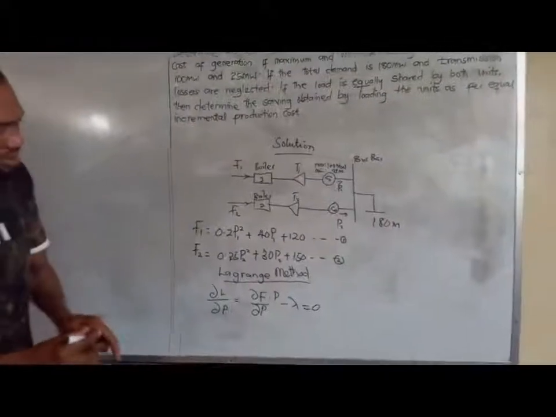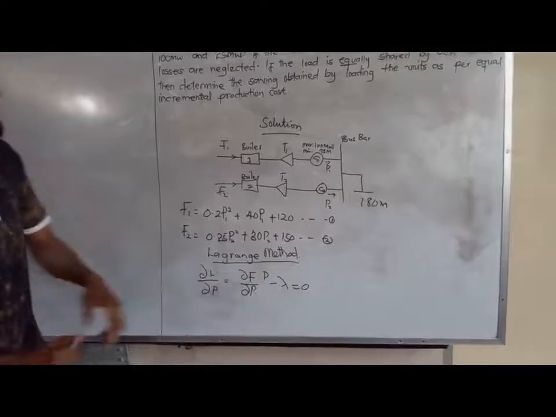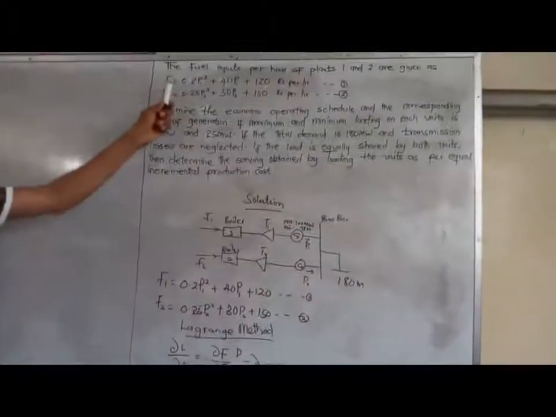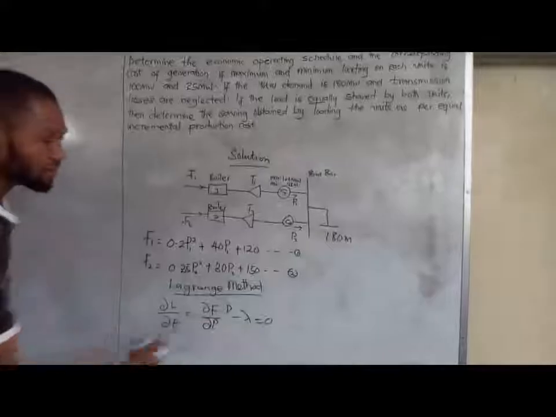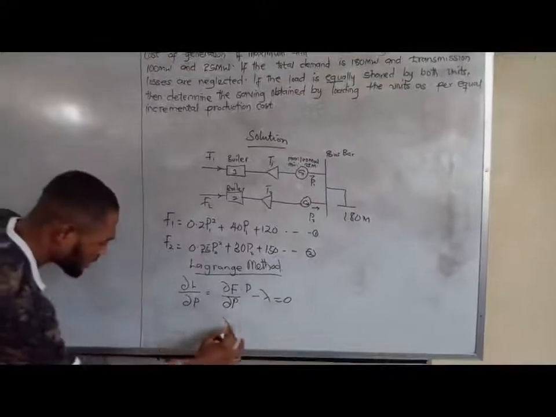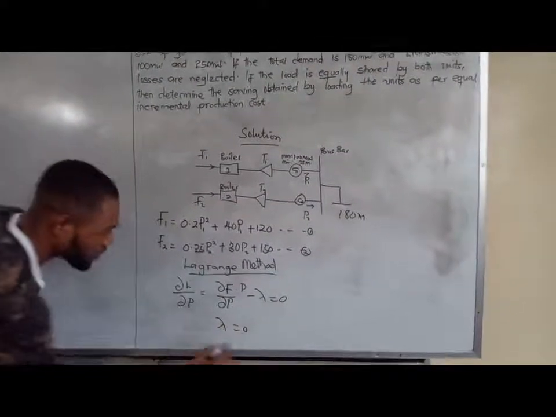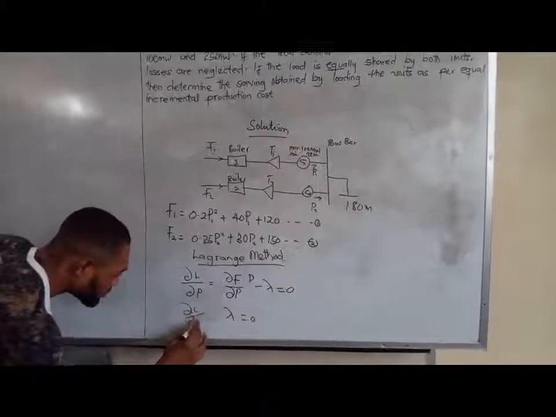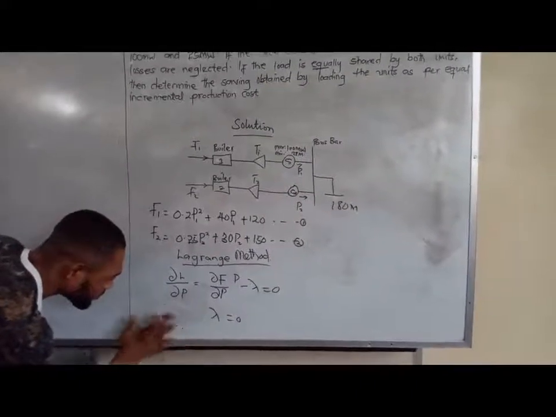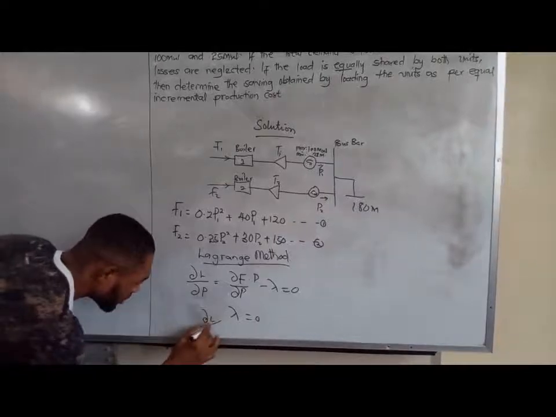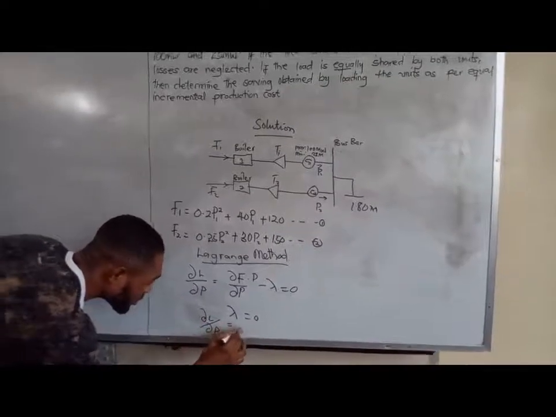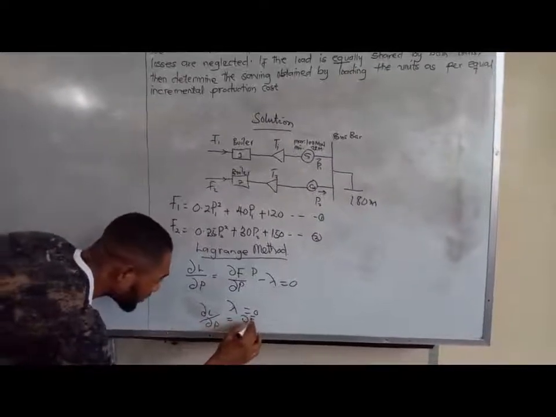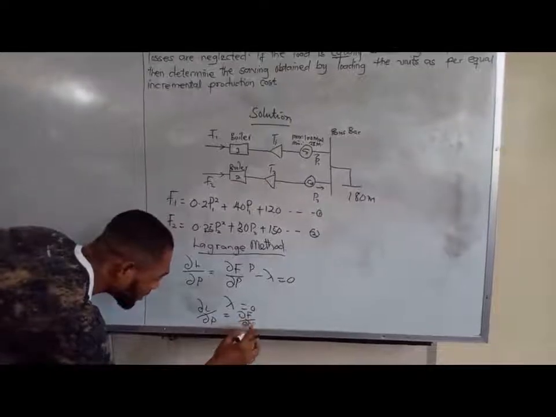This is the formula we want to use. But in this case, since the fuel prices are given, the Lagrange multiplier equals 0. So the equation becomes the differential of fuel over the differential of power.